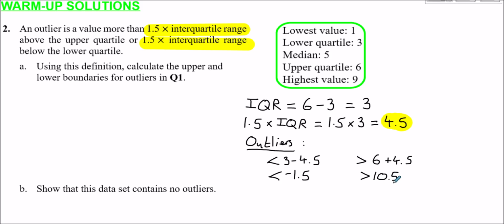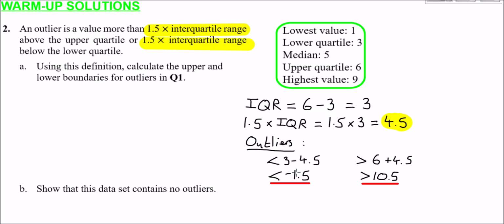And again, if you're able to get a score of 10.5 out of 10 on a test, please come and see me as well, because you are miraculously amazing. So these are the 2 options: either less than minus 1.5, which is impossible, or greater than 10.5, which is, again, impossible.